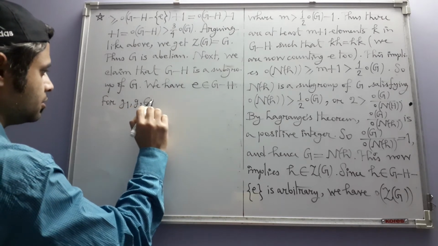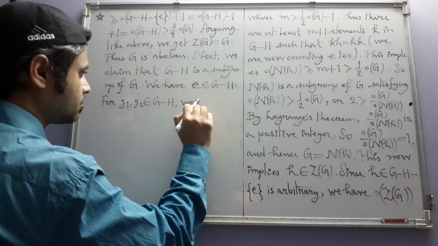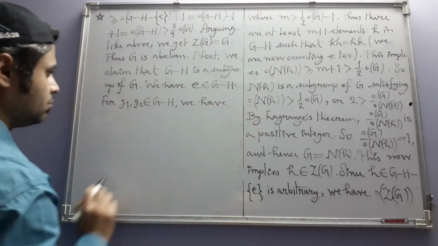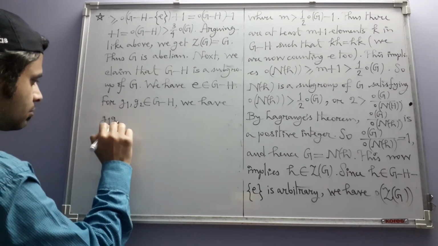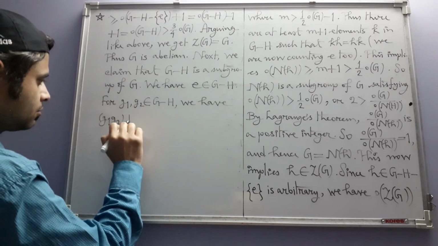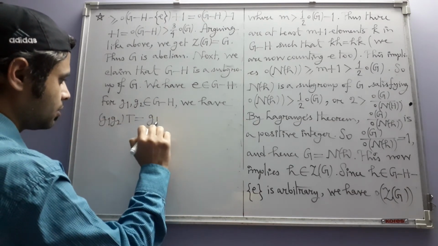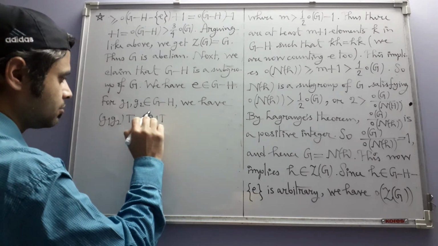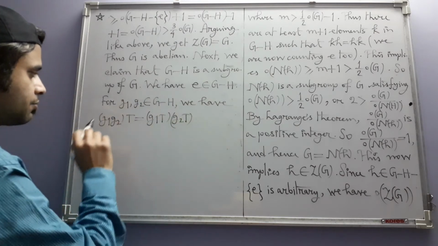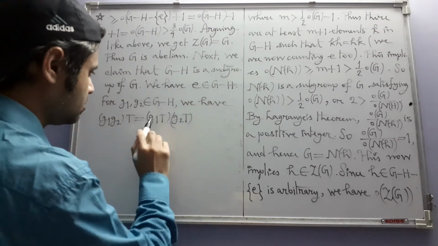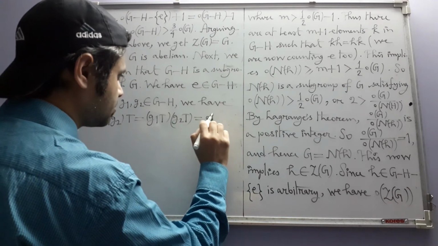For G1 and G2 belonging to G minus H, we have G1 G2 T, because T is a homomorphism, G1T G2T, because none of these belongs to H, so both of these things are the inverses.